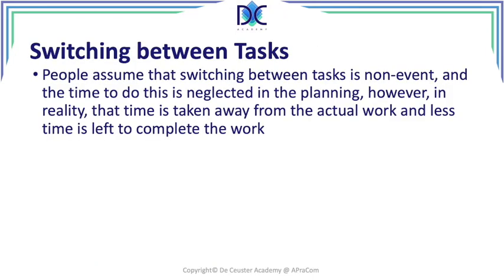Now, when we switch between tasks, like I said, people think it's a non-event. And we just say, well, we go to the other activity. We just started with it. We don't consider the time to switch in the estimation of the activities.